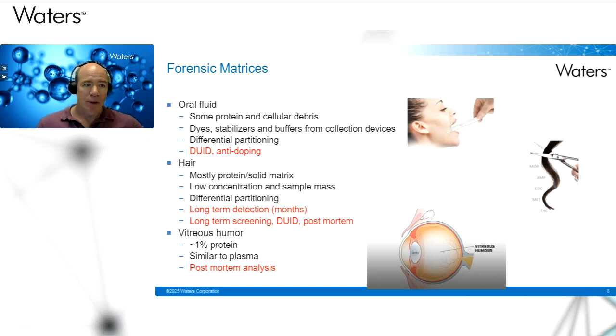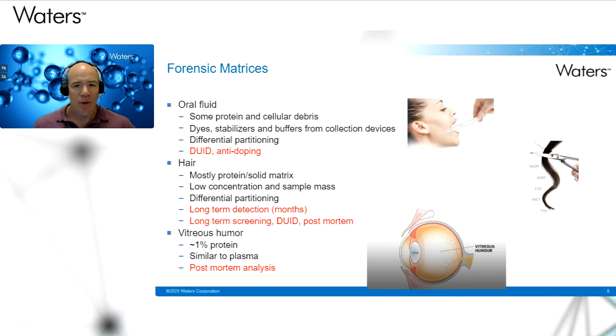One of the issues is not necessarily with the oral fluid, which has some protein and cellular debris, but the stabilizers and the buffers that these samples are stored in contain dyes, stabilizers, and other things, and those can affect your sample prep. We also have some differential partitioning in oral fluid versus plasma, so it's something to take into account. And once again, these are used in driving under the influence, anti-doping, and routine tox.